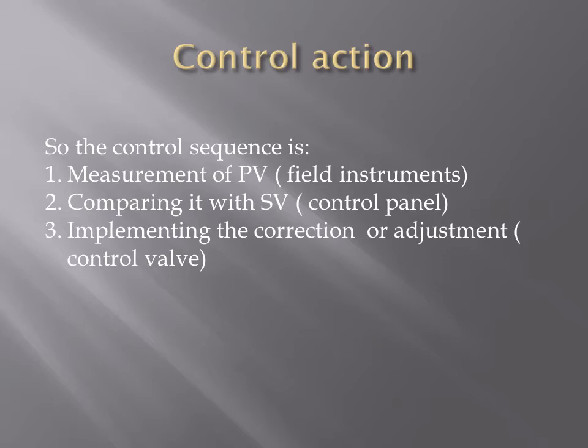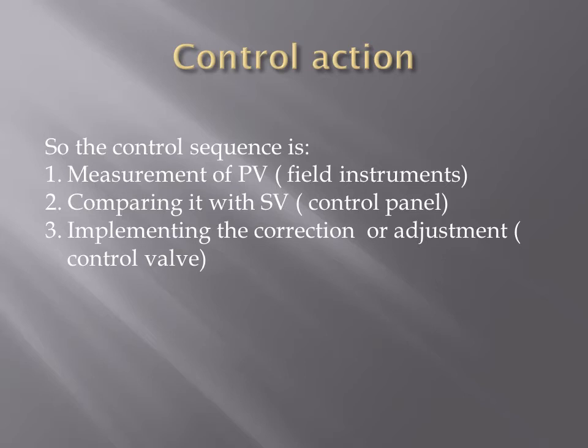Any control loop has three locations for the control action to be completed. Number one, it senses the process value. So there is a sensing location. Number two, the value reaches the control room, where it is compared with the desired process value which the operator sets on the panel.